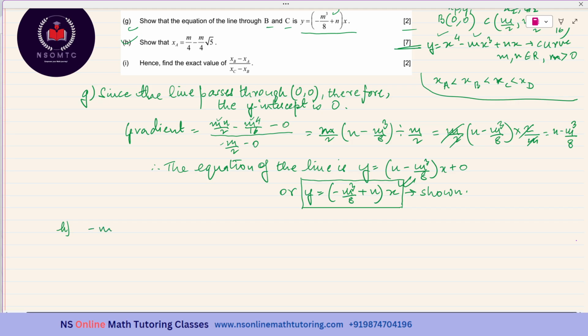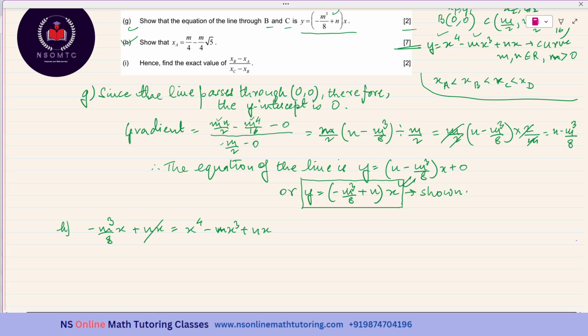So it is minus m cube over 8, I'm just expanding, plus nx. This is the line's equation. And x to the power of 4 minus mx cube and plus nx. Okay. So this is the equation.